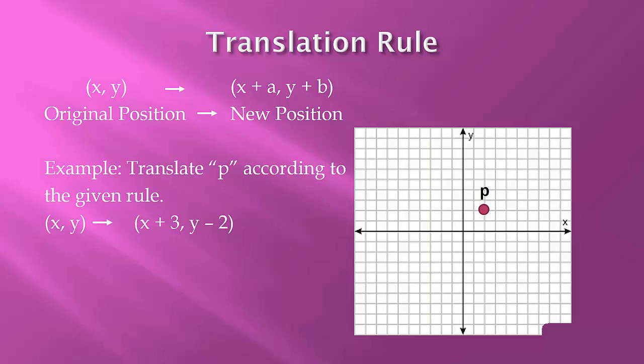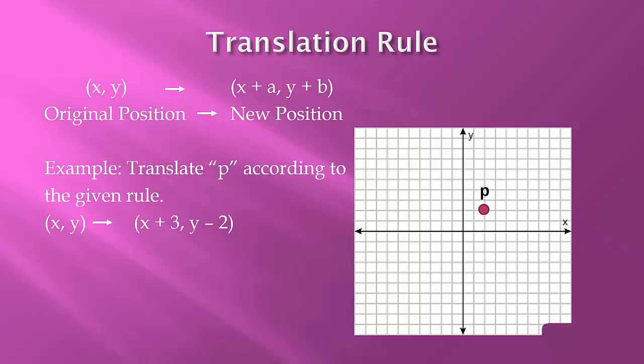So I want to deal with the example, and we want to be able to translate P according to this given rule: (x, y) transforms to (x + 3, y - 2). So now we have a number in place of the a value, and it's connected with the x. So it is going to cause whatever my original value of x is to increase by 3.